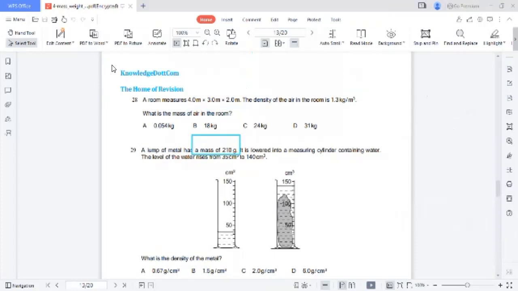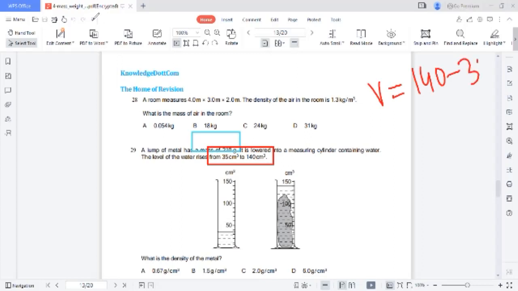There is a change in volume from 35 to 140. So let's find out the volume. Volume is actually 140 minus 35. So it is actually 105.